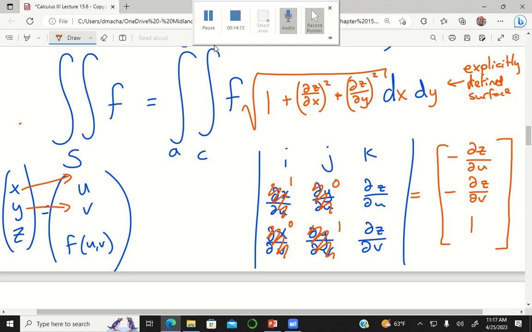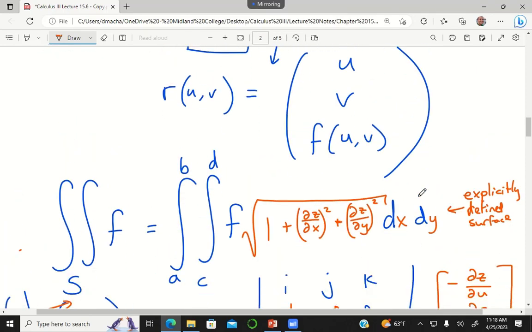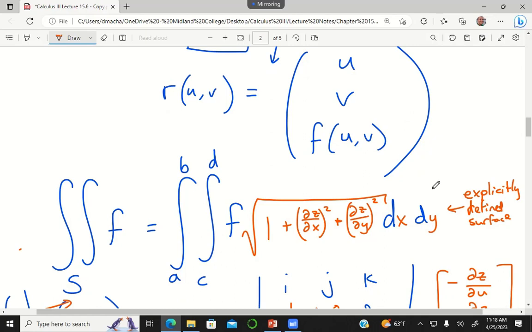So if you are given z as a function of x and y, that's what we call an explicitly defined surface, then you could just use this formula instead. It's the double integral over x and y of your scalar field times the square root of 1 plus partial z with respect to x squared plus partial z with respect to y squared dx dy.